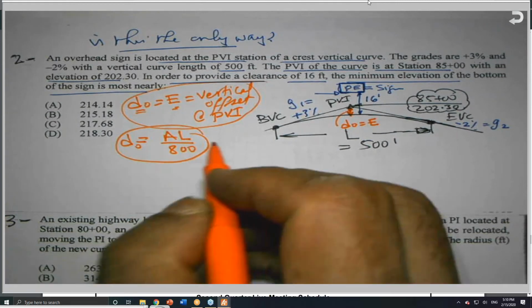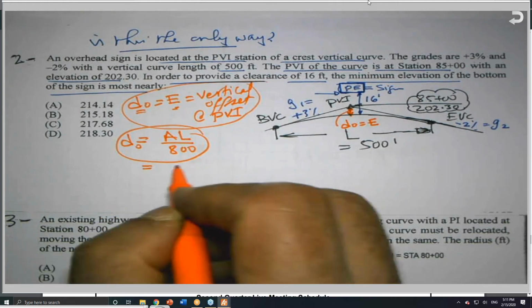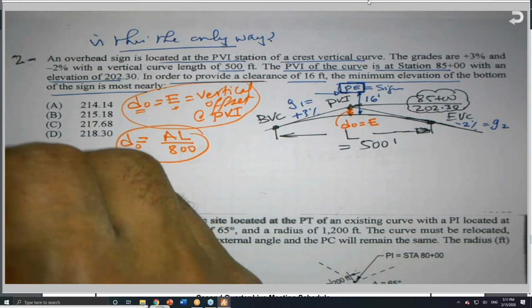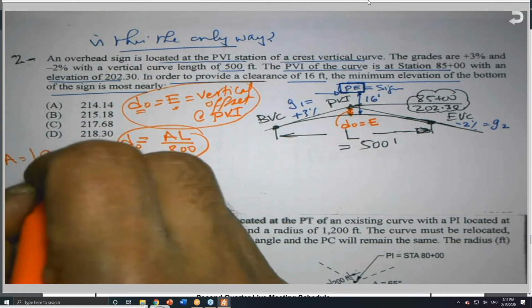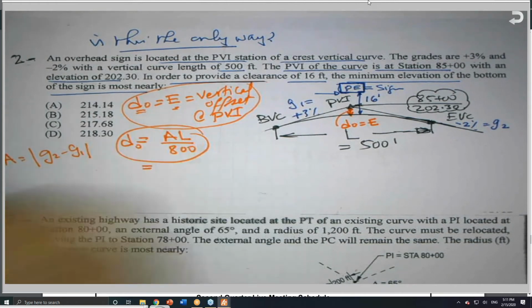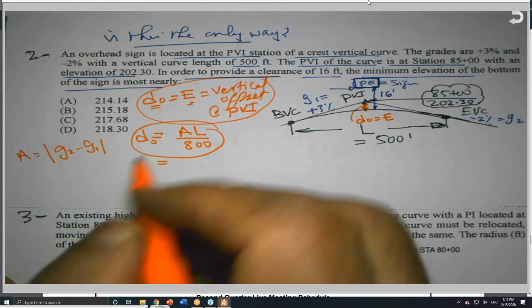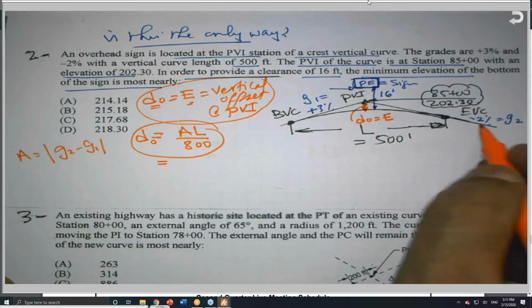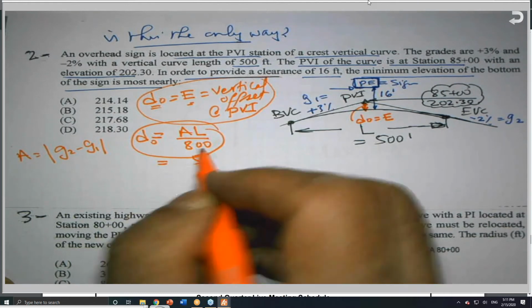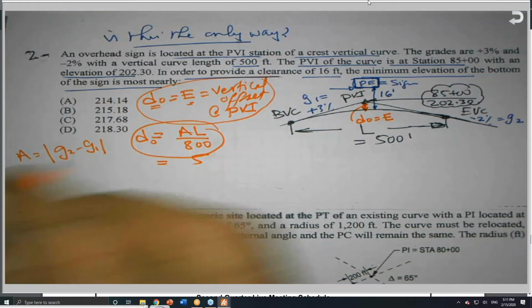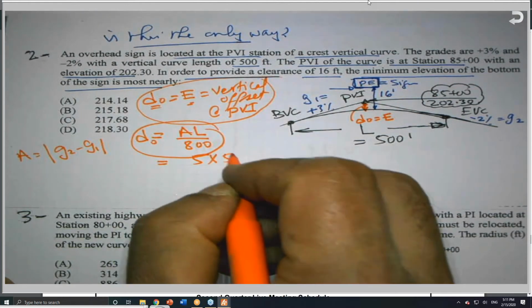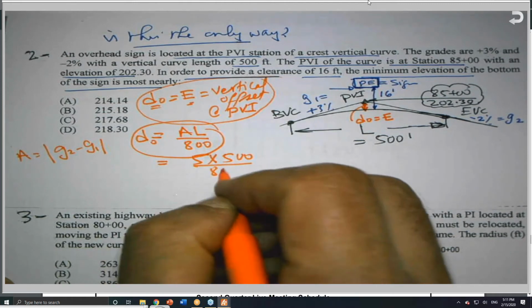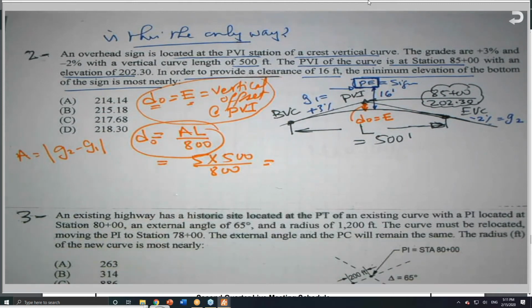If you plug in the numbers, A is the algebraic difference, G2 minus G1. So A is 2 and 3, which is 5, times 500 over 800 will give you a number.